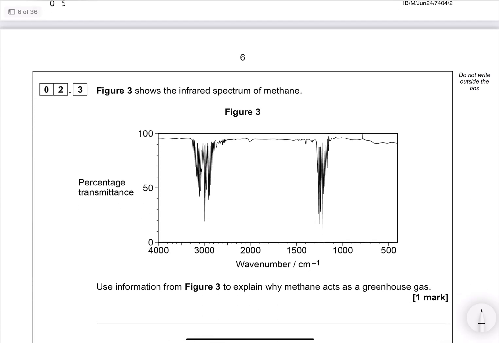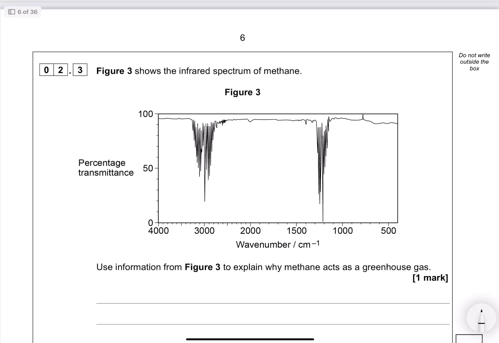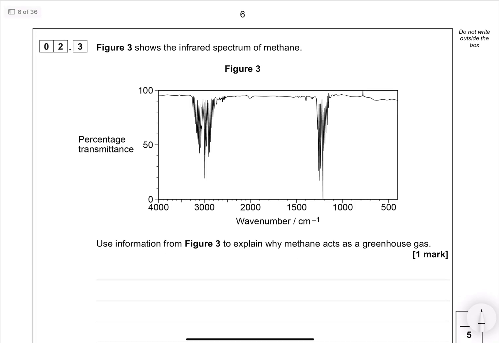Figure 3 shows the infrared spectrum of methane. Use this information from figure 3 to explain why methane acts as a greenhouse gas. So greenhouse gases are gases that absorb infrared and trap it inside the Earth's atmosphere.